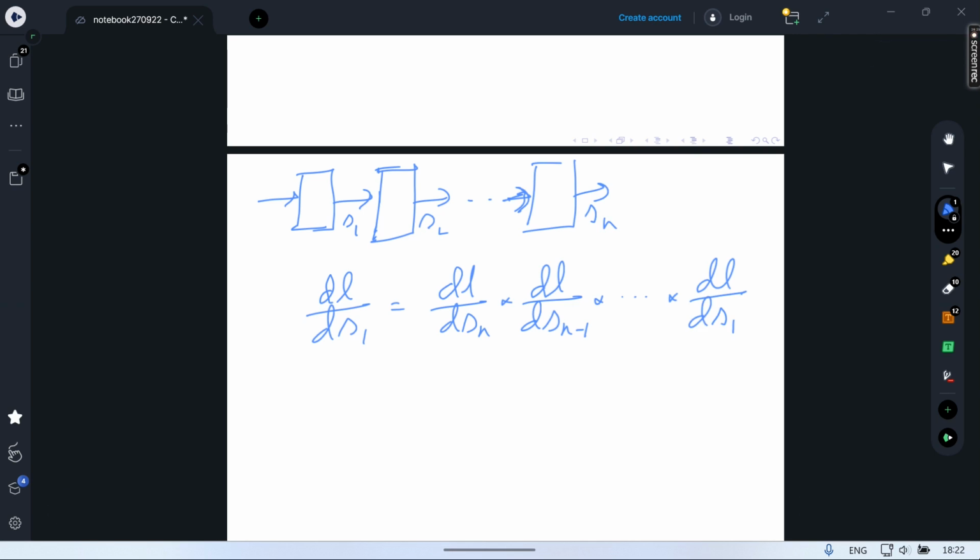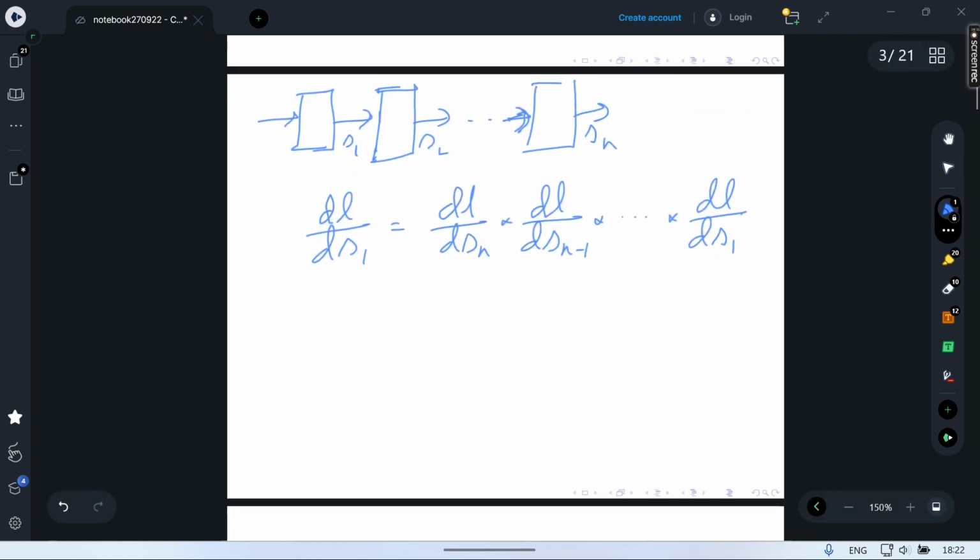I need to check the direction. So either this way or the other way. Let me check, say W1x times W2. Okay, the direction will be the reverse one.